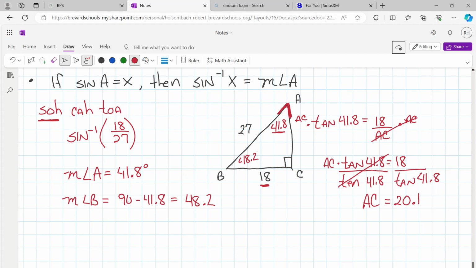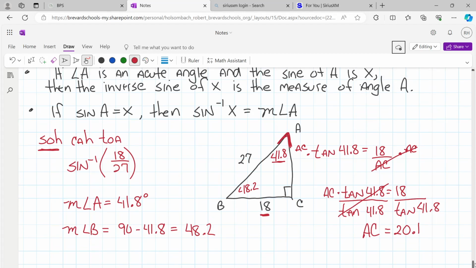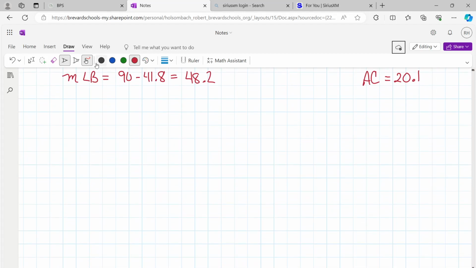All right, so let's look at the guided practice on the bottom of 571. We're going to do one more of these, and we're actually just going to solve the whole triangle. So let's take that guided practice 4A, triangle ABC again.